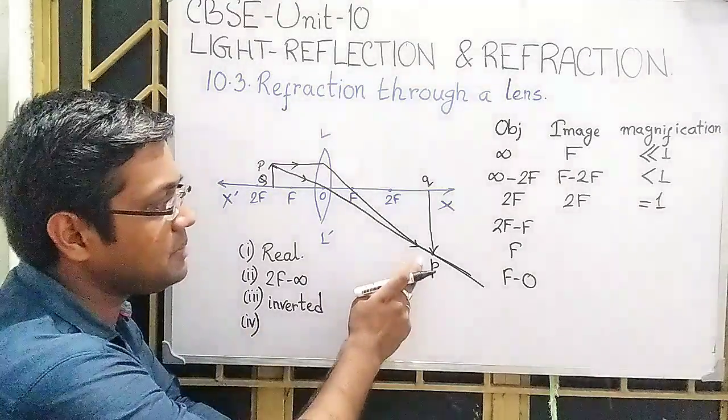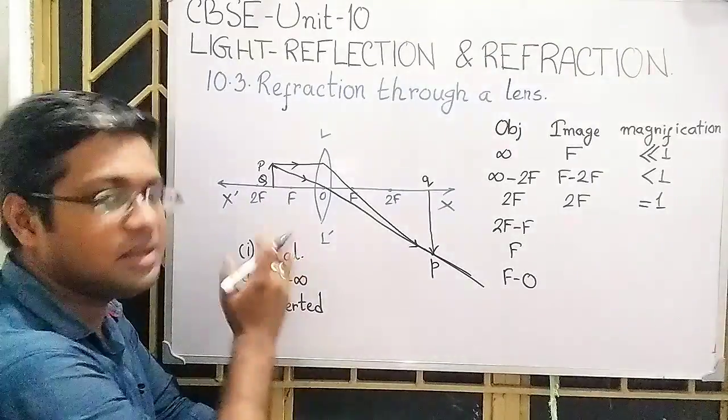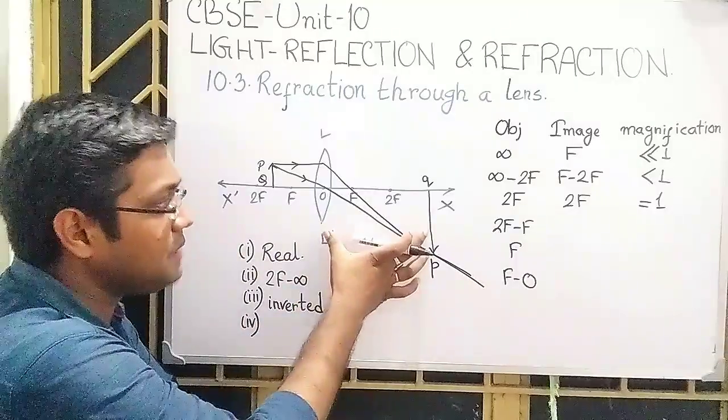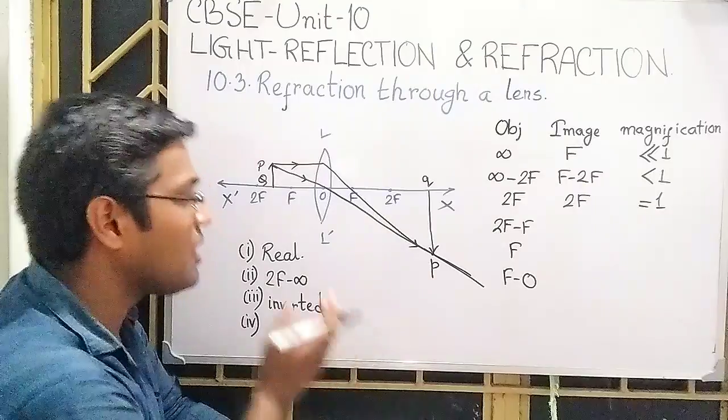The size of the image is greater than that of the object, is also observed. In another way, the object distance is less than the image distance. So the magnification is greater than 1.